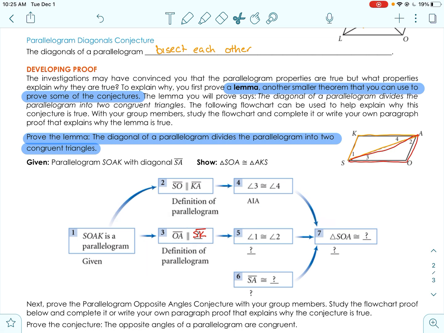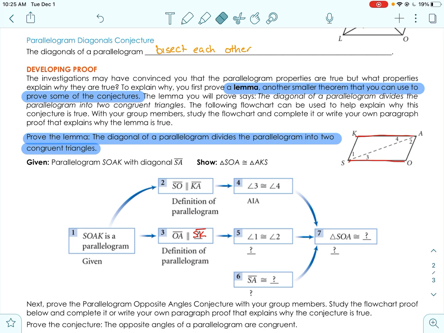Now, since SO is parallel to KA, we know angle 3 is congruent to angle 4 because those are alternate interior angles.